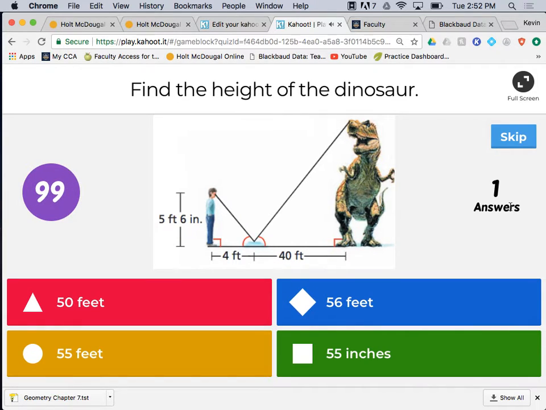And this is my height, I'm trying to solve it. Here's the red, here's the blue. So all you gotta do is just do that quick division. Set up the ratio and do the division.